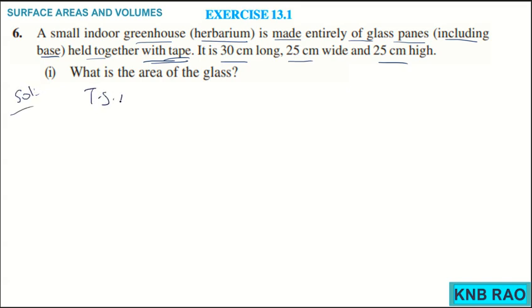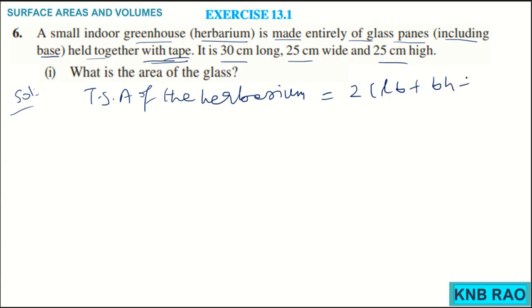So, TSA of the herbarium. So, 2 times of LB plus BH plus HL. So, 2 into 30 into 25 plus 25 into 25 plus 25 into again 30.